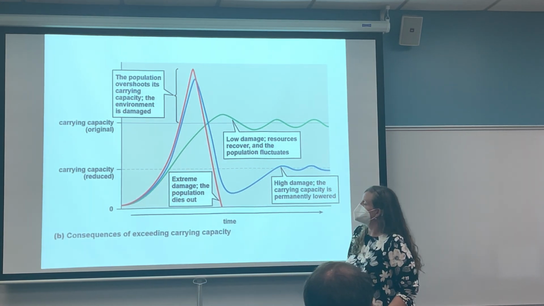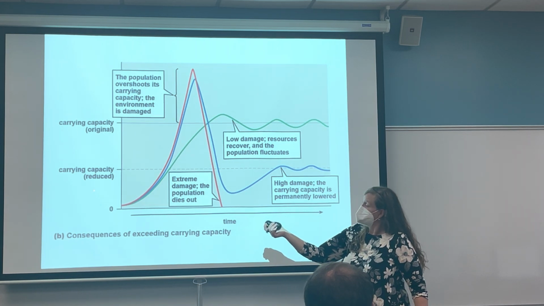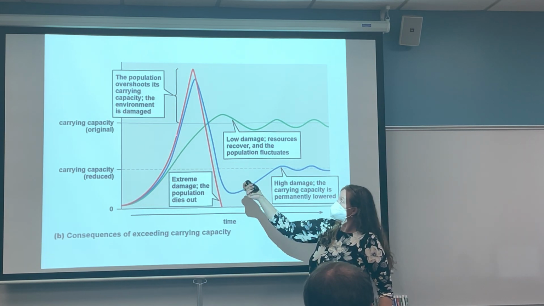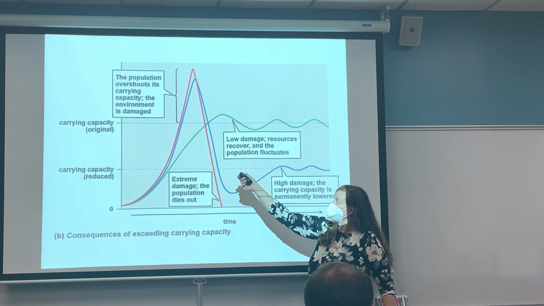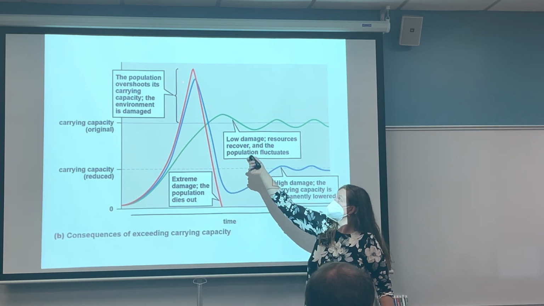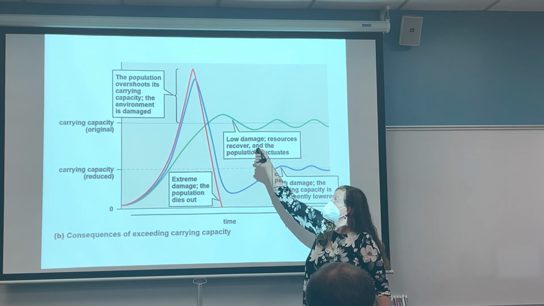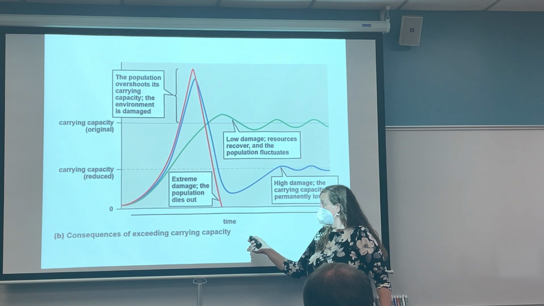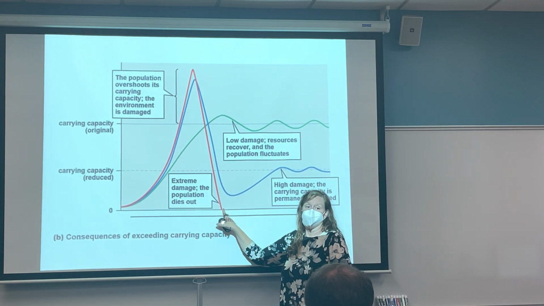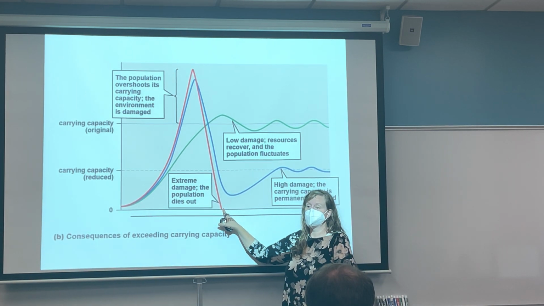Let's take a look at the red. With the red, we've got that J-shaped curve. If you just look up to the point, it's a J shape. You've got exponential growth, environmental resistance kicks in, something really bad happens, and that population dies totally out. They're extremely damaged.